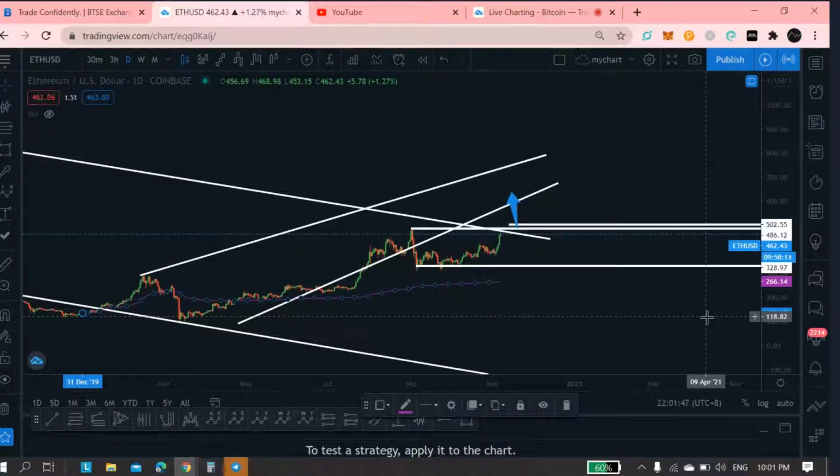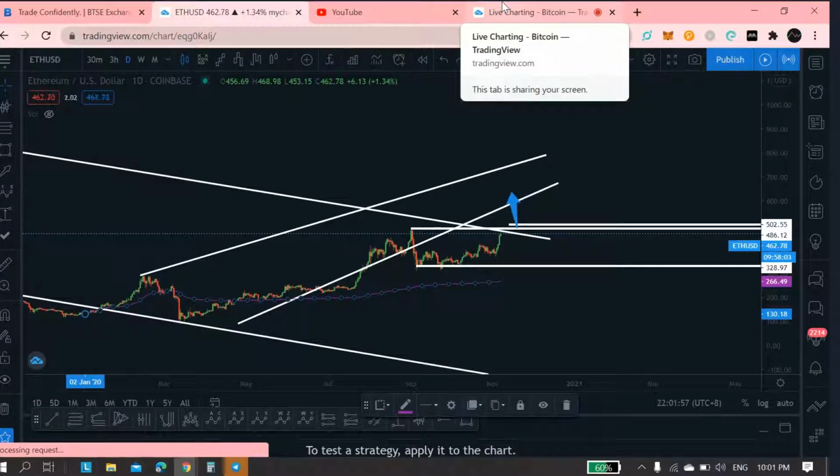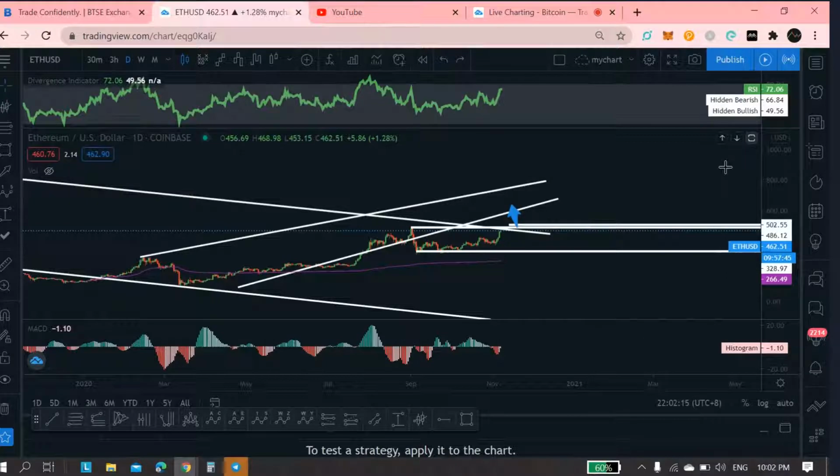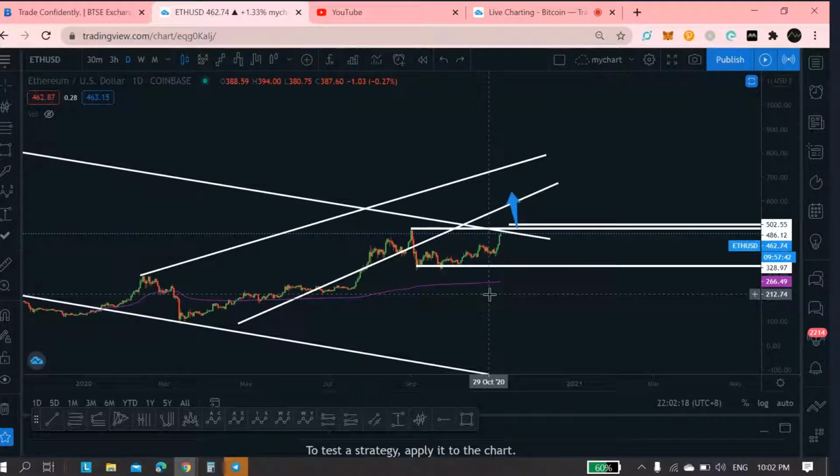So let me just control Z. Yeah, most of the traders, the Ethereum holders who bought this year, average around 266.